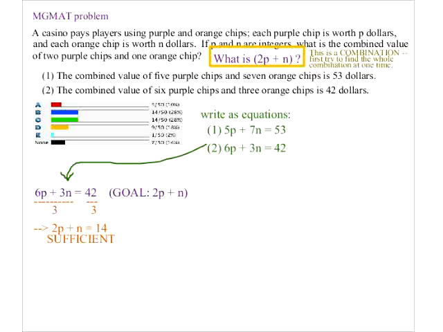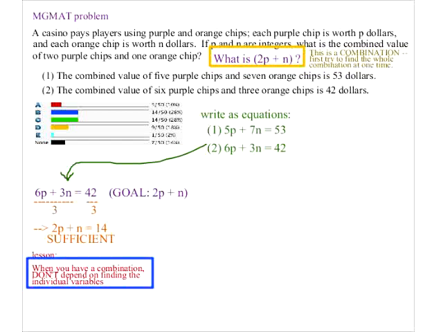It's not the major lesson of today, but when you have a combination, don't depend on finding the individual variables. Because in a lot of cases, you just won't be able to find them. For instance, here you can't find p and you can't find n. But you can still find the combination that you want. You can still find 2p plus n. Smiley face, if that statement makes sense, it's sufficient.